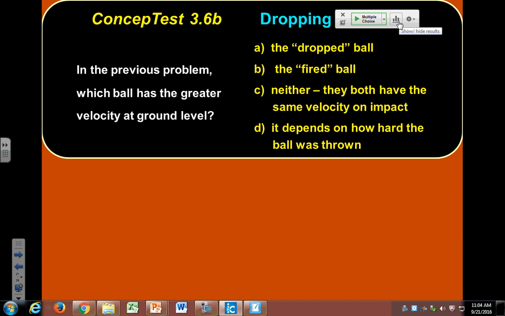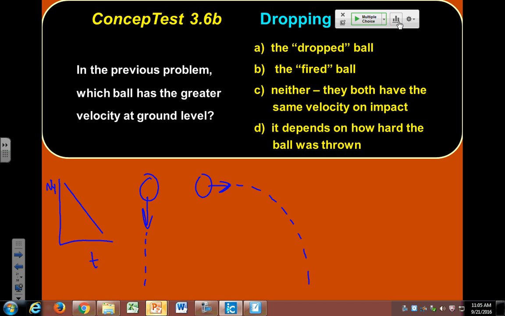Okay, so I have one ball and it drops in this direction. If I were to draw the Vy versus T graph, it would look like this, right? The velocity will increase in the y direction. And then I have another ball that goes out like this.